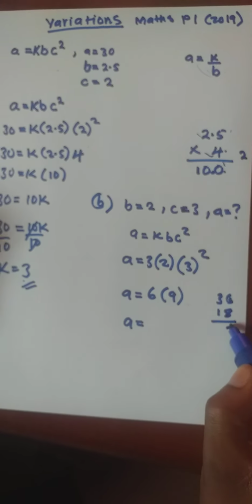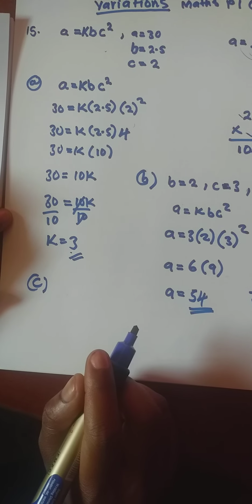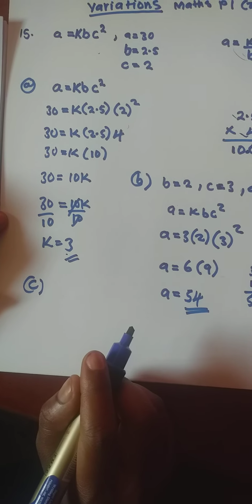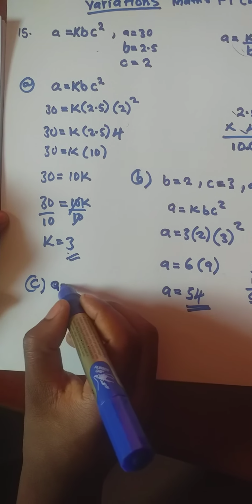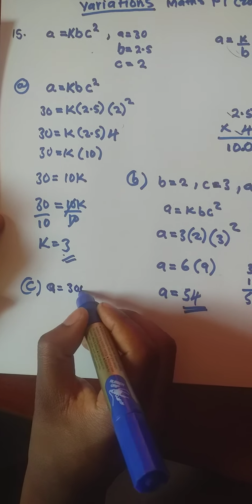Then part C will simply be values of C when A is equal to 300 and B is equal to 4.